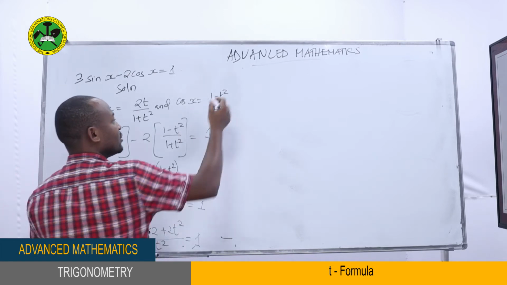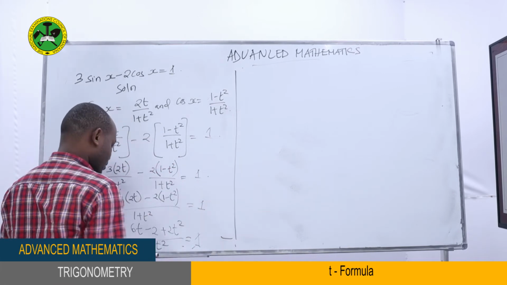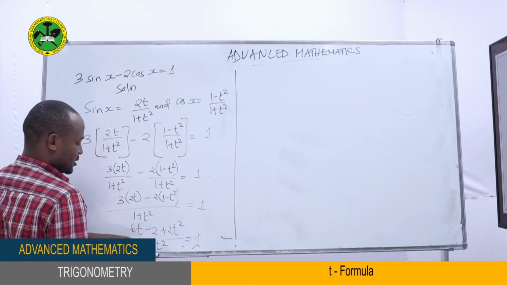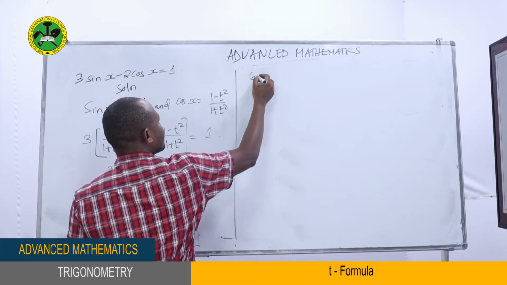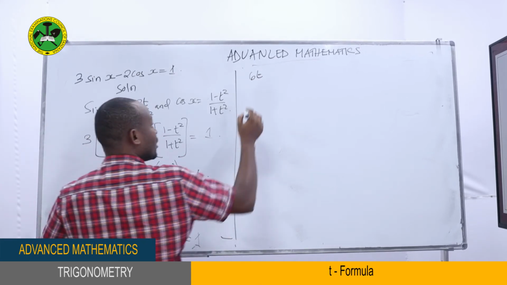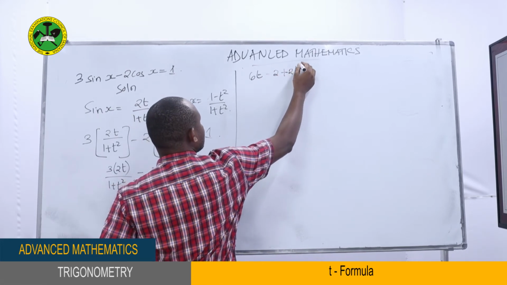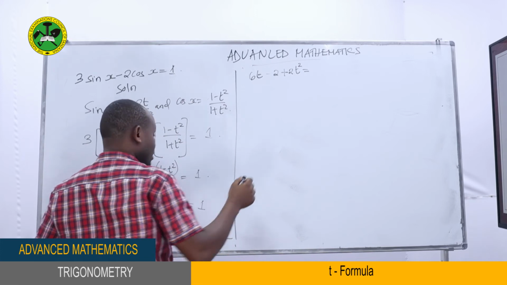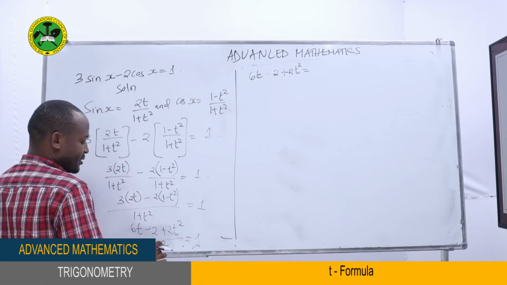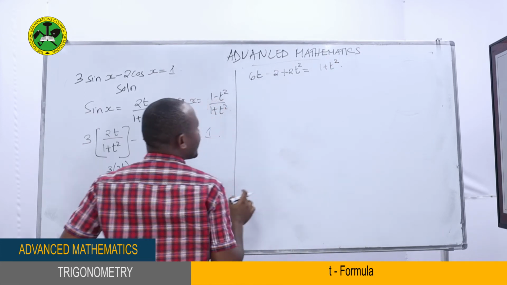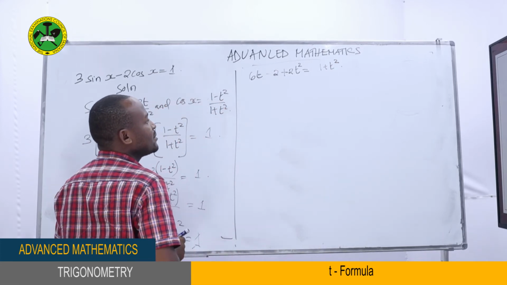Now let's simplify that once more. I want to multiply that side. That means we are going to have 6t minus 2 plus 2t square equals, if you multiply 1 by that factor, 1 plus t square. Now after that, we can collect like terms.